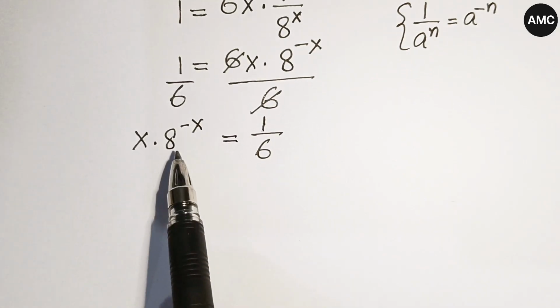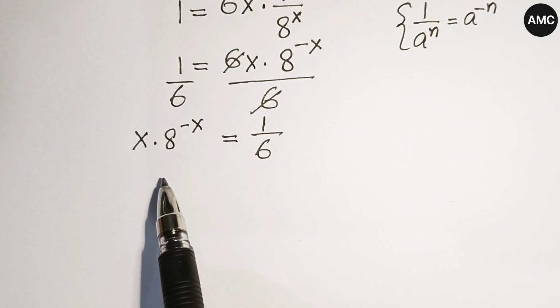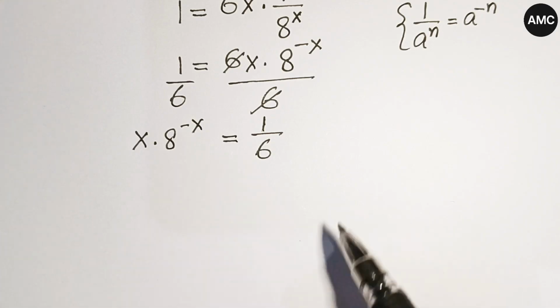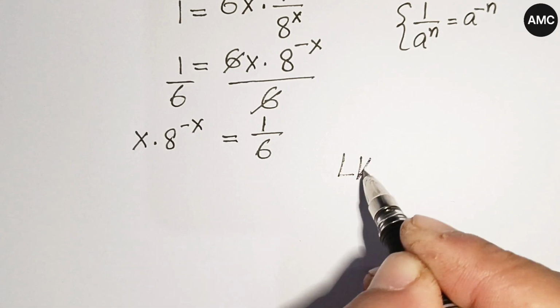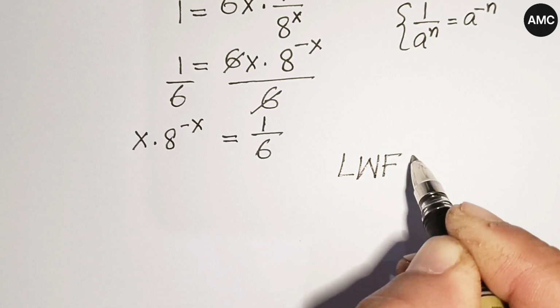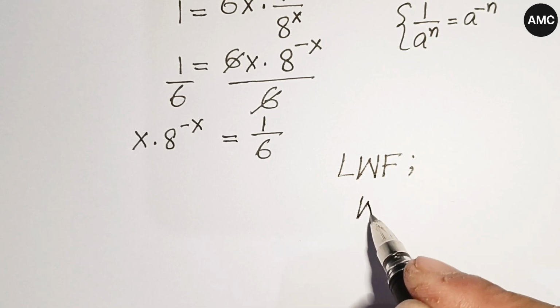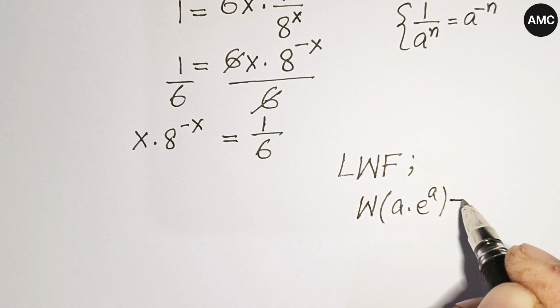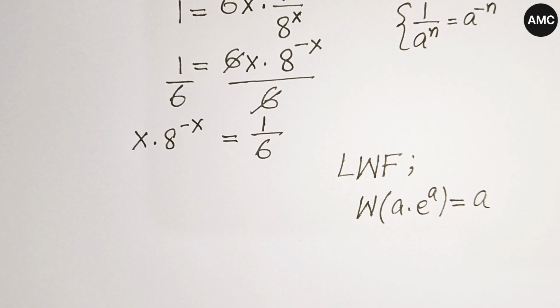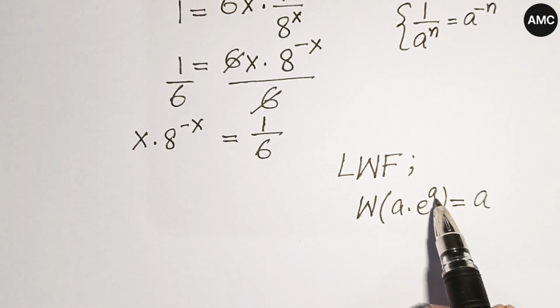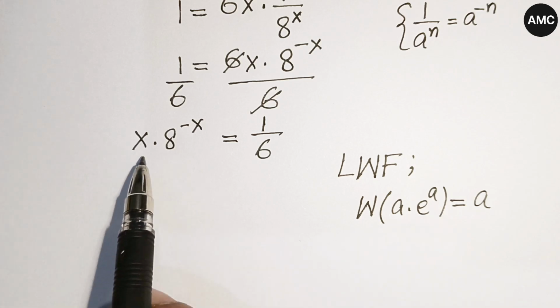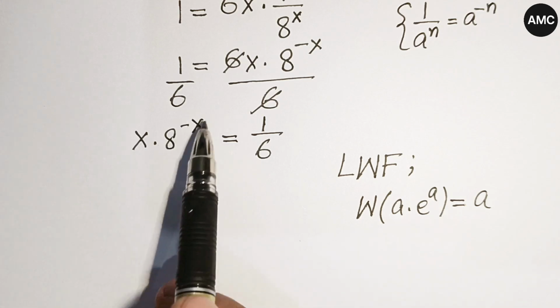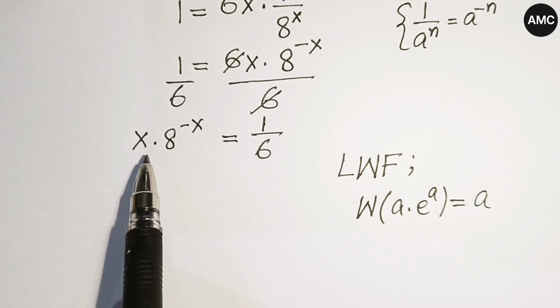So on our left hand side we can use the Lambert W function. As we know, the Lambert W function is given by: W of a times e to the power a is equal to a. In this function we see that the expression and the exponent must be the same, so we have to make this one and this exponent the same.